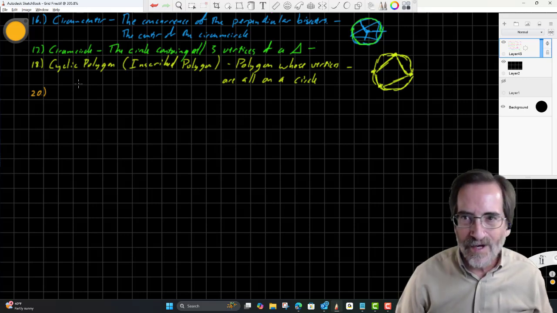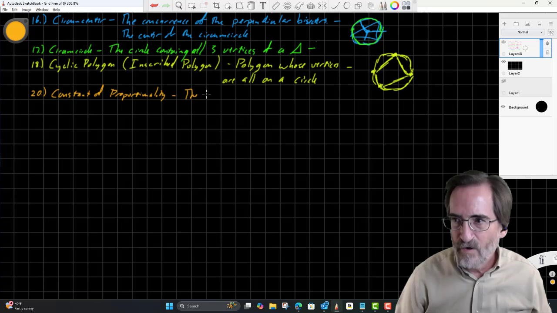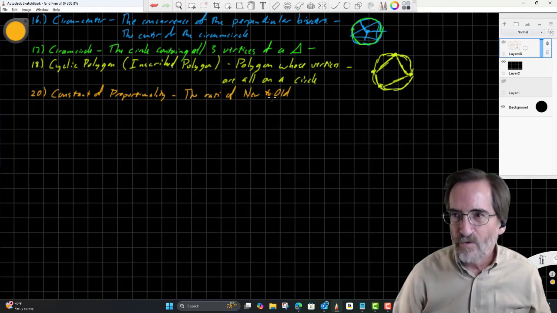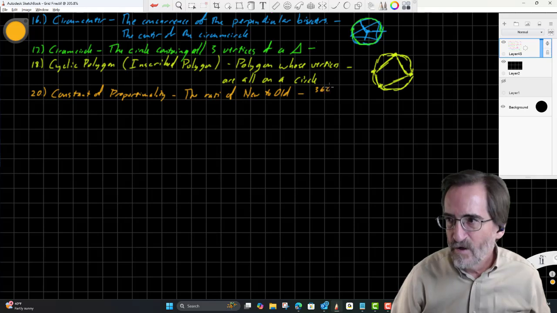Constant of proportionality. Okay. The ratio of new to old. New to old. So constant of proportionality for degrees to radians is 360 to 2 pi.